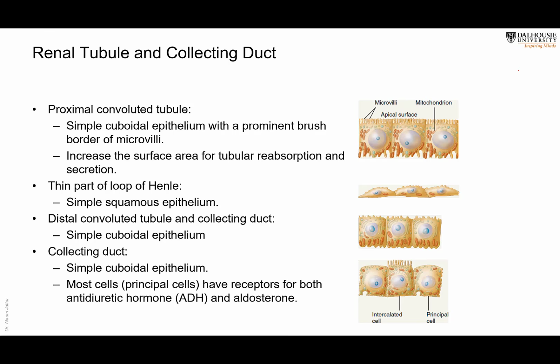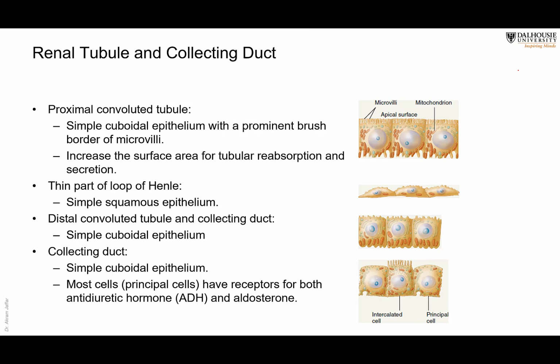Suprarenal gland. It has a cortex and medulla, and the cortex has 3 layers. Okay, 3 zones: zona glomerulosa, fasciculata, and reticularis, and they deal with 3 S's in the body: salt, sugar, and sex. The salt is controlled by aldosterone.